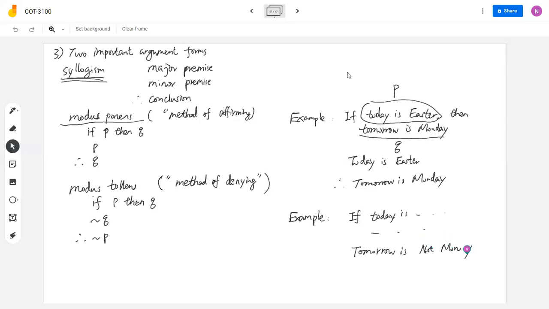What can we conclude? We can conclude that today is not Easter. It's very straightforward. So we have Modus Ponens and Modus Tollens. Okay, next we are going to look at additional valid argument forms.